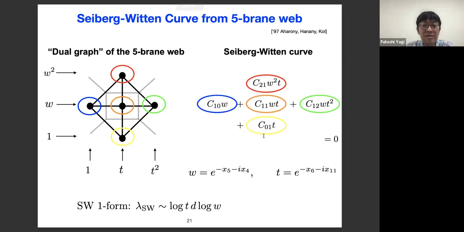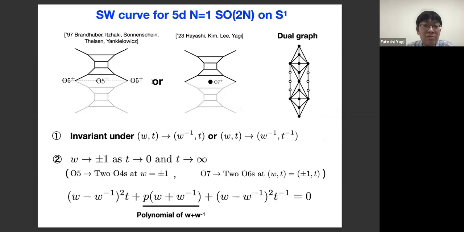And this idea can be generalized also with the existence of an orientifold plane. With the orientifold plane, we need to do two things. One is to impose the invariance under this Z2 symmetry, because the orientifold acts as a reflection or rotation to the space-time.